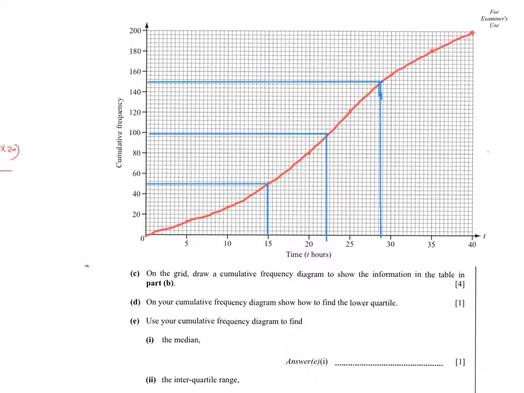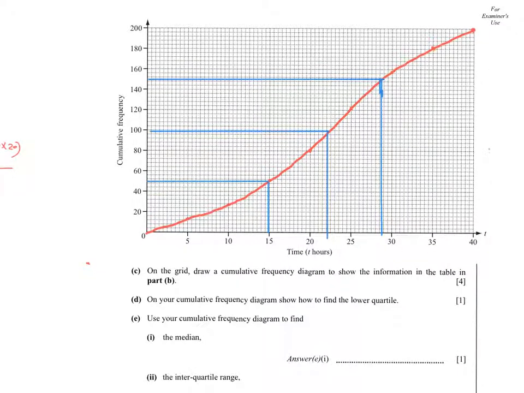Start from 50, go horizontal, then drop a line down. You get 15. So the lower quartile is 15. This is how to find the lower quartile. He asked you to show how to find the lower quartile: starting from 50, go horizontal, then go down.